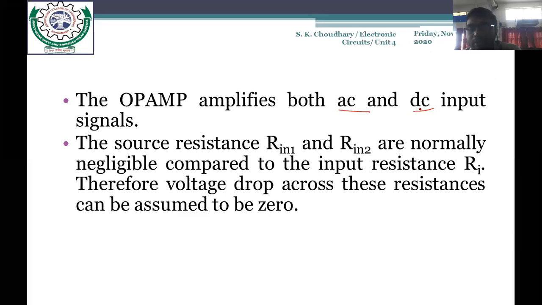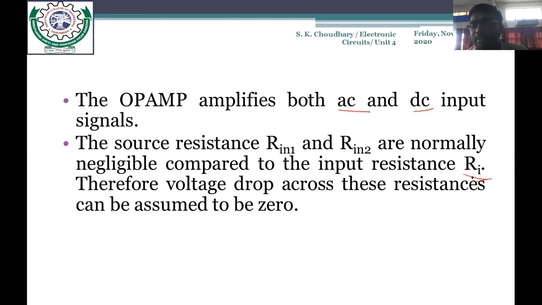Here the source resistances Rin1 and Rin2 are considered negligible compared to the input resistance of the op-amp, because ideally the op-amp has infinite input impedance. Practically, for the IC741, it was 2 megaohm, which is also a very high value.